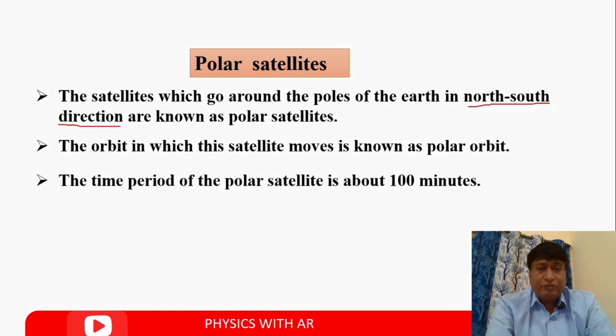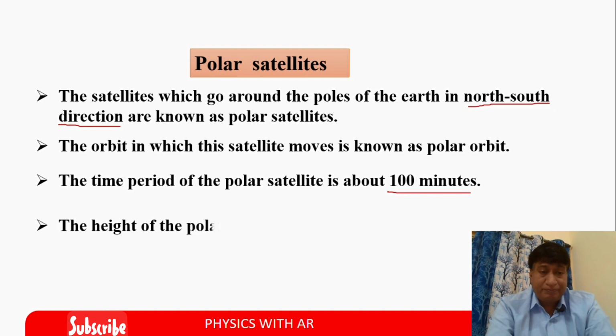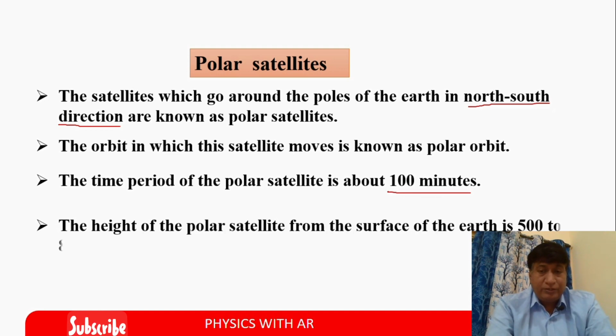The time period of a polar satellite is about 100 minutes. For one complete rotation, it is going to take around 100 minutes. The height of polar satellites from the surface of the Earth is around 500 to 800 kilometers.